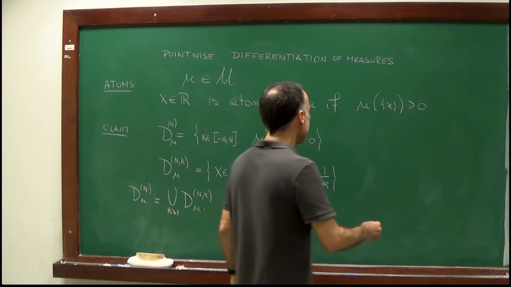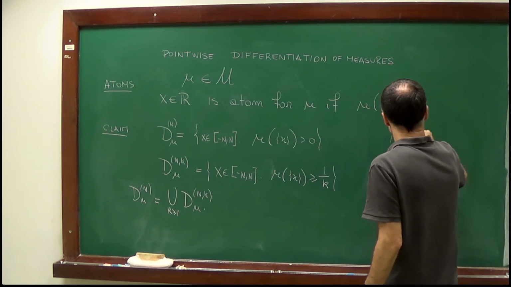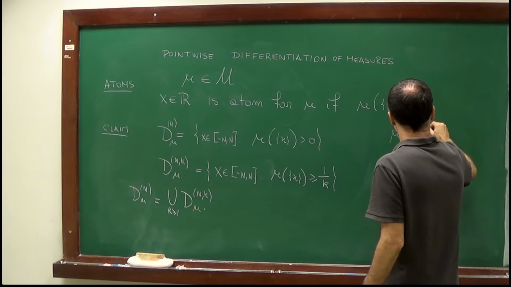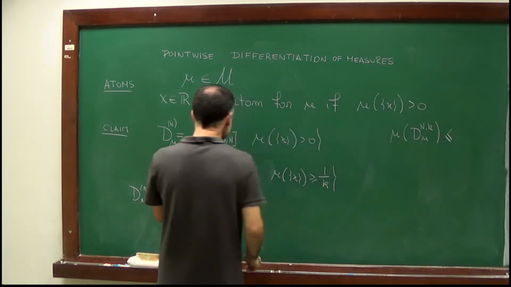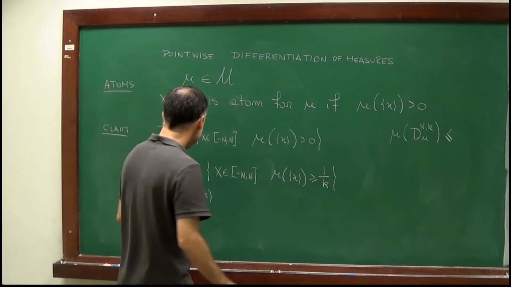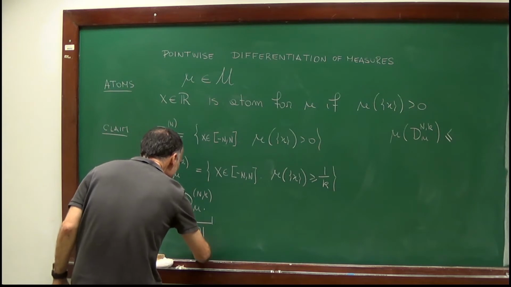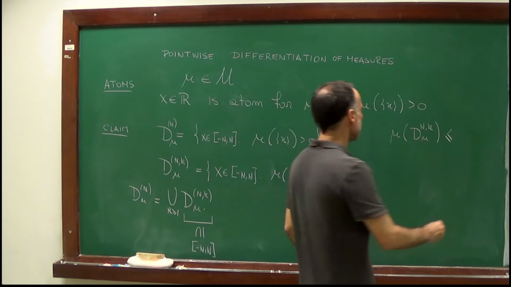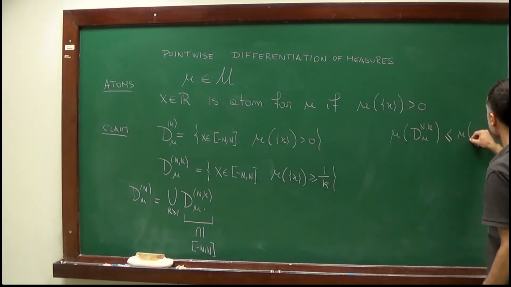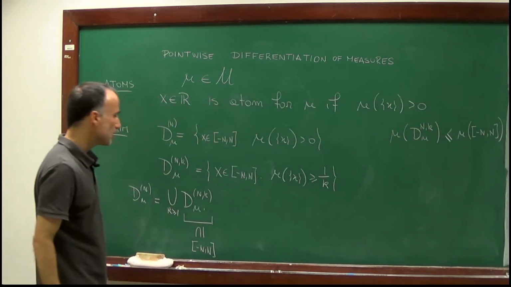Well, but I know that mu of D_n^k(mu), this set D_n^k(mu), is contained in the set [-n, n]. So this is smaller than mu of [-n, n], because this set is of course contained in the set [-n, n].